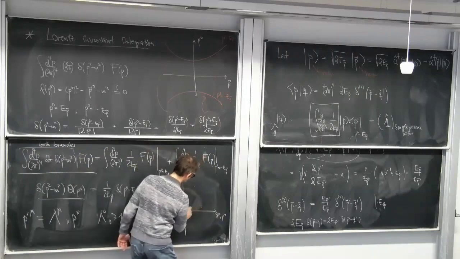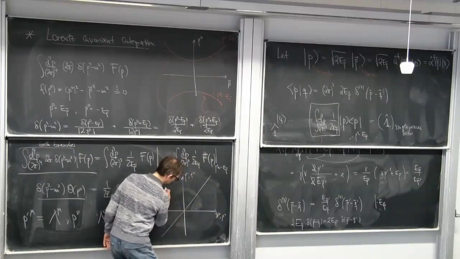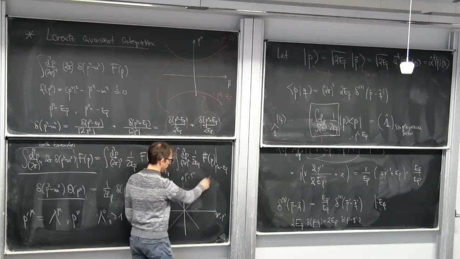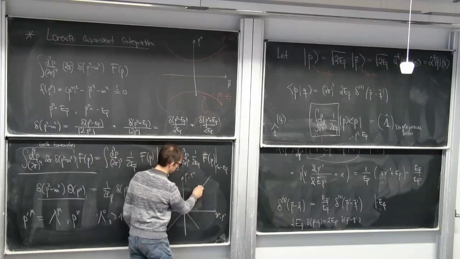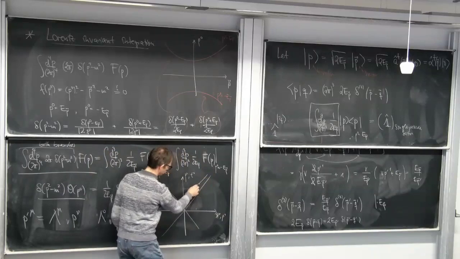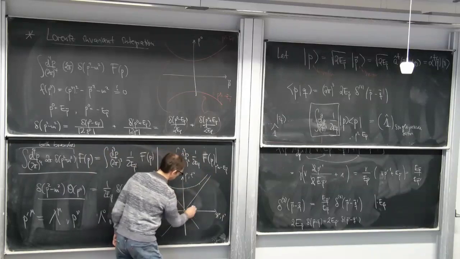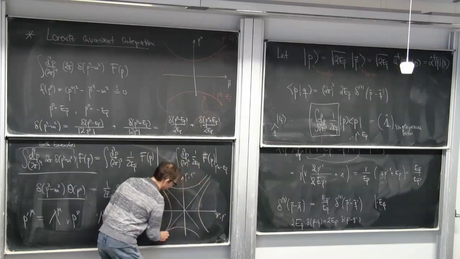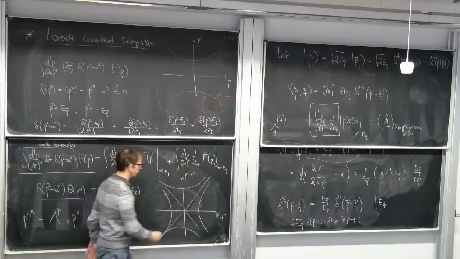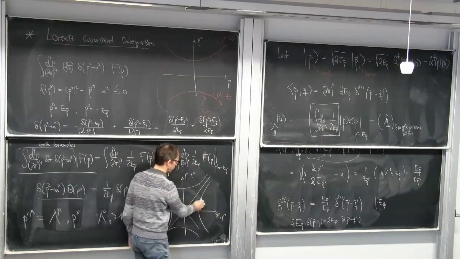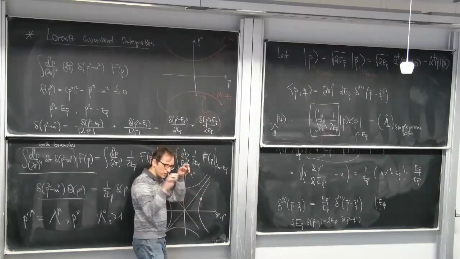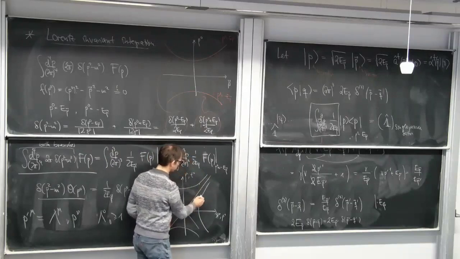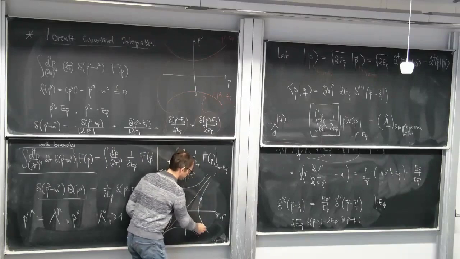If you have a null-like vector, it just moves along here. If you're time-like, then it moves along hyperbolas there. And if you're space-like, it goes here and there and there. So these are basically your options. If you're sitting somewhere here and then you do a Lorentz transformation with some boost parameter, then it moves along this line. And it stays space-like, by the way.